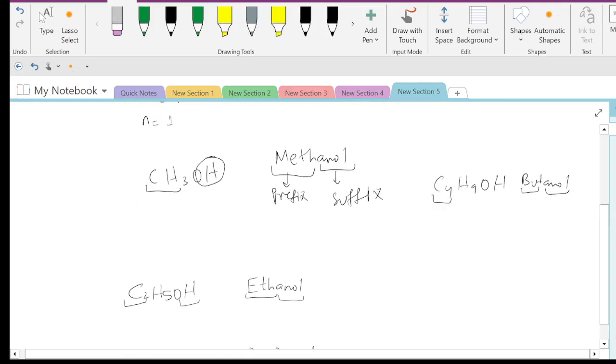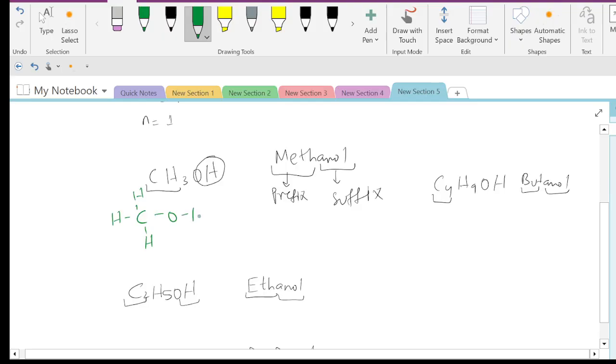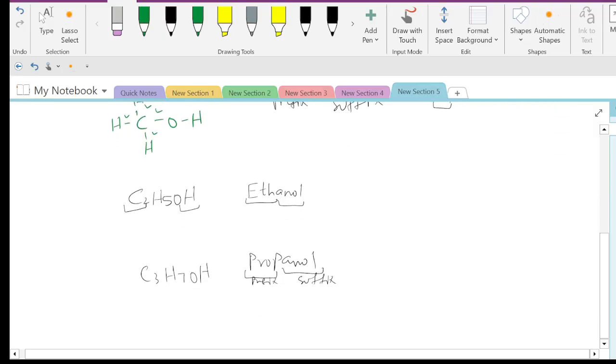Coming to the structures, for the CH3OH, that is what you can see here. The carbon is making four bonds: this is the first bond, second bond, third bond, and fourth bond. Keep that in mind. Oxygen always makes two bonds, and hydrogen always makes one bond. So this is the structure for CH3OH, the display formula for the methanol.